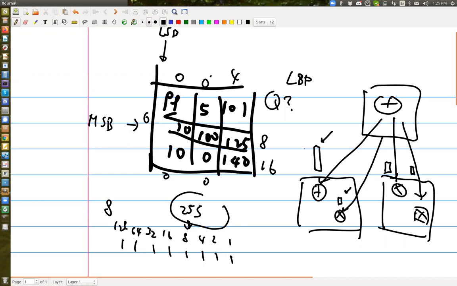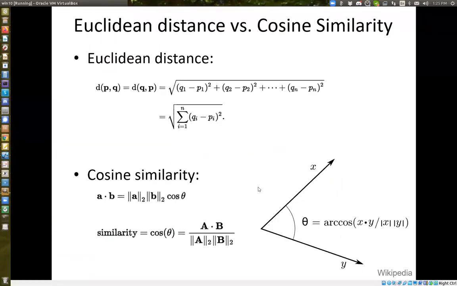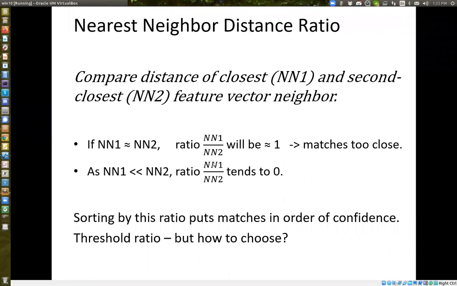If the ratio is close to one, then the matches are too close, and most likely it's not really a match. If it tends to zero, then it's good. So typically what people do is set a threshold and compare against that.